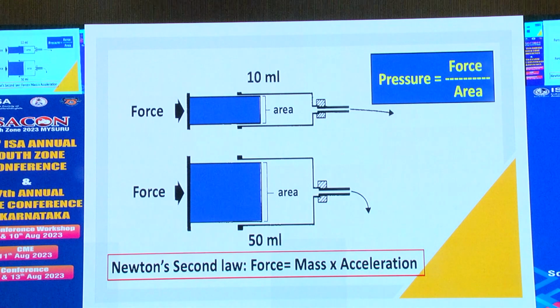All of you must have the experience: if you give the same force to a 10 ml syringe, the plunger will go faster. But if you use the same force on a 50 ml syringe, it is going to move less. That is because of the area on which it acts. The same concept applies in the formation of the soap bubble.